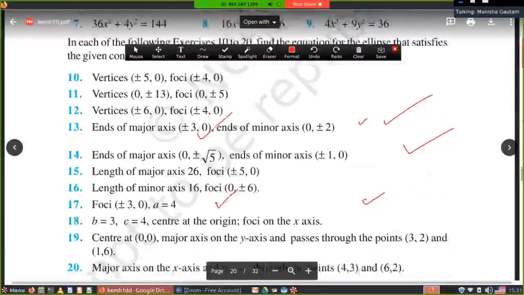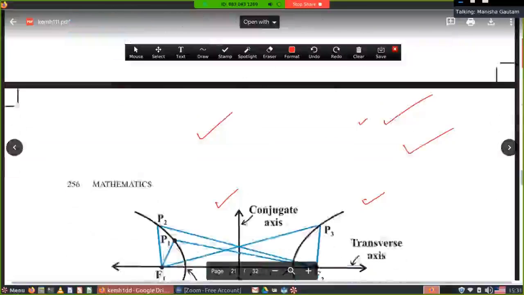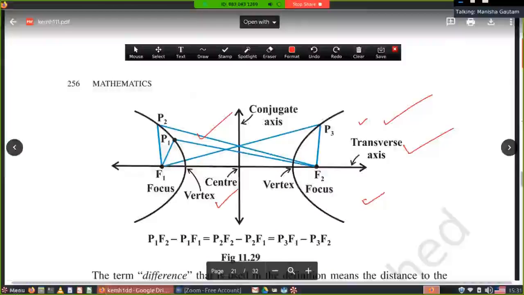Yes, here is the idea about the hyperbola. This is a shape where the transverse axis is the axis on which these two shapes are drawn, and the other axis is known as the conjugate axis.